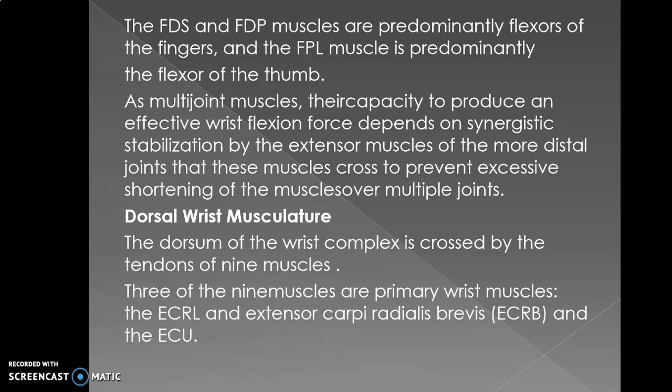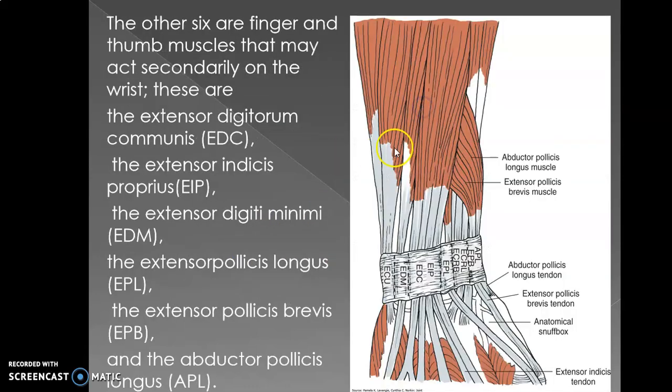These 3 muscles are the primary wrist extensor muscles. Now we are left with 6 muscles. The other 6 muscles of the extensor compartment, or dorsal wrist musculature, are all finger muscles. They go to each digit of the hand, and their aim is to extend.